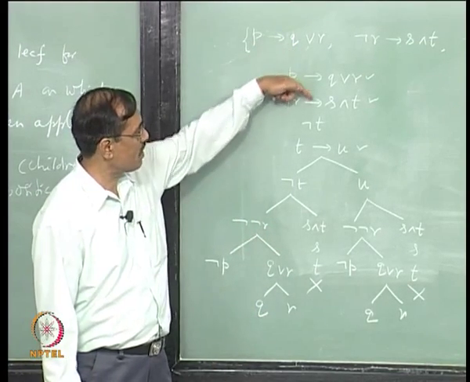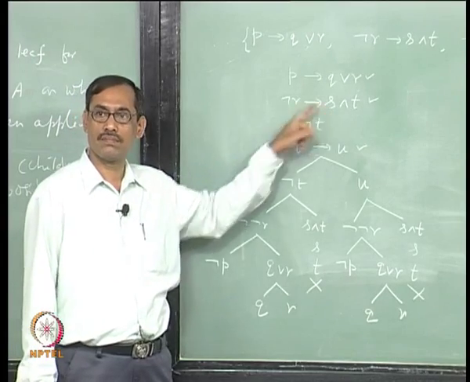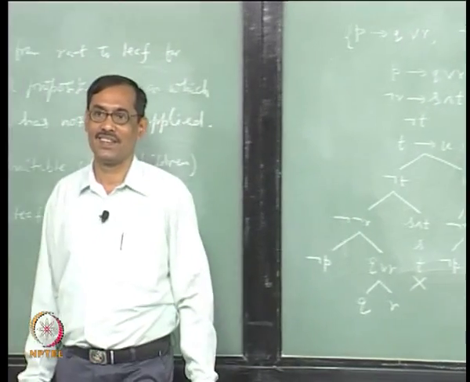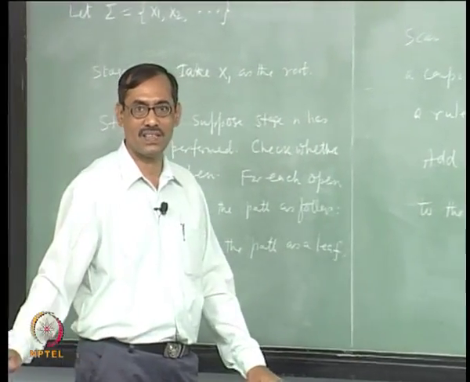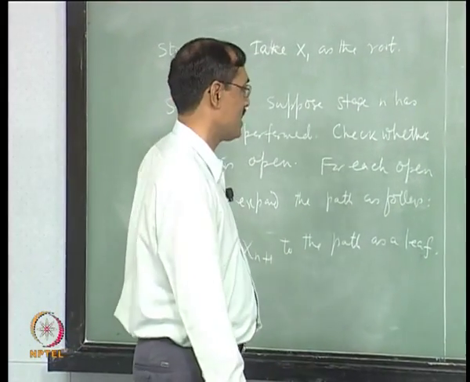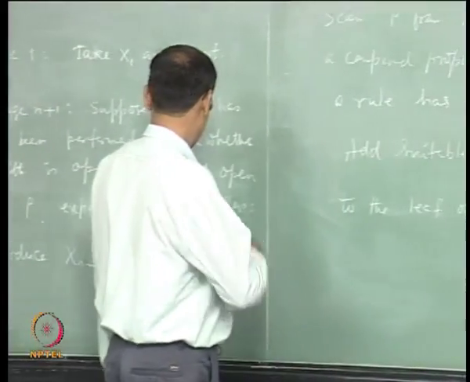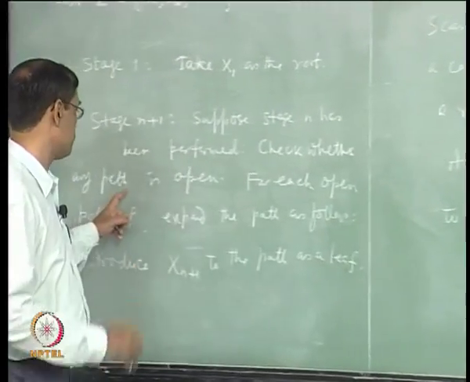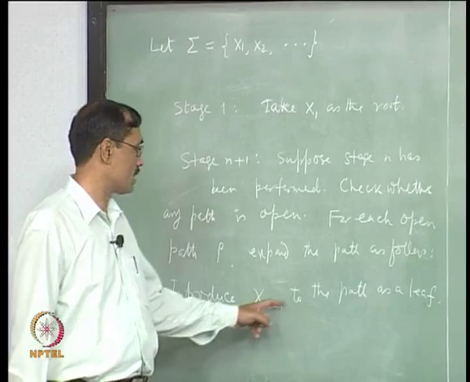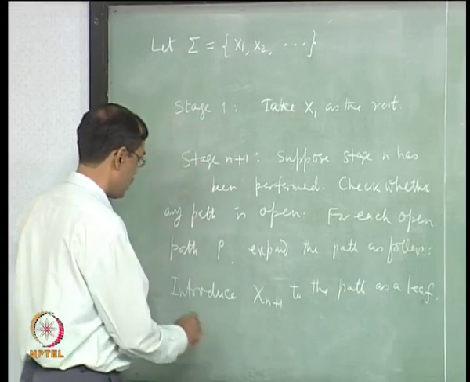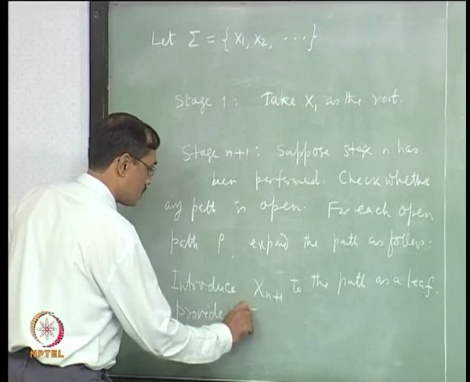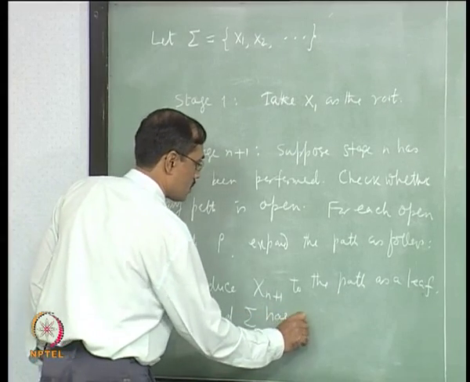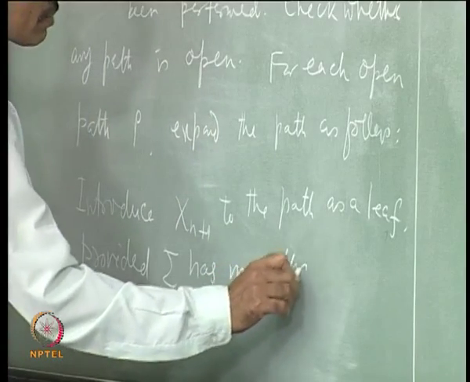Again I have to come from the top, I get this one first, right. That is why it is systematic. We are not worried about whether it is finished or not. Okay. So we should add something here: introduce x n plus 1 to the path as a leaf, provided sigma has more than n propositions.